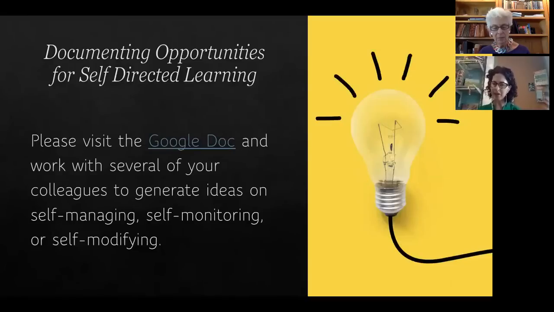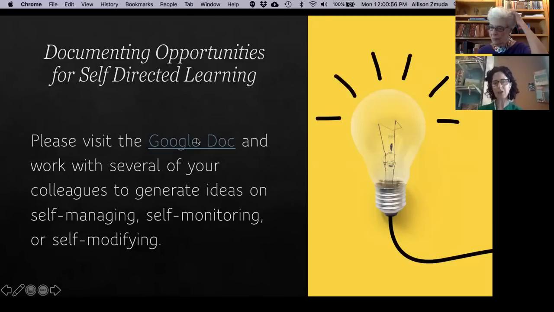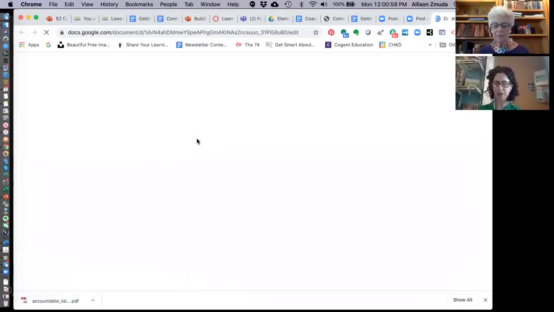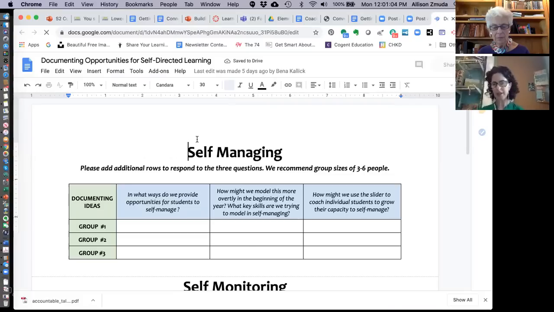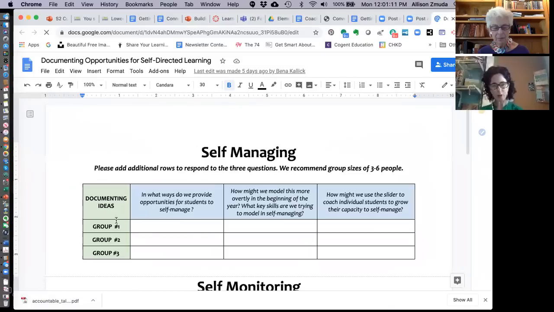And as a team, whether again, it's 2 or 3 people, or we recommend upwards to 6, not bigger than that, so we can make sure that everybody has a voice, you are going to engage in looking at this Google Doc. So I'm opening it up right now. And as you can see, self-managing is up on the top. So these are the 3 questions that were in the slide deck. And then the groups are here.